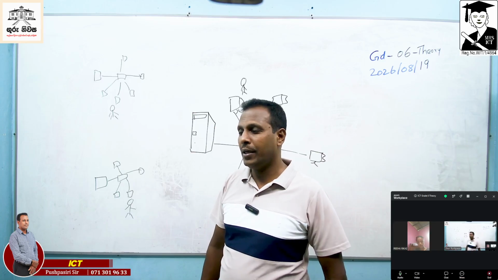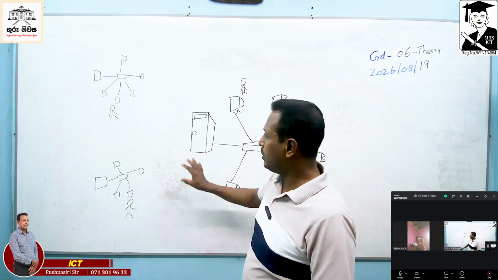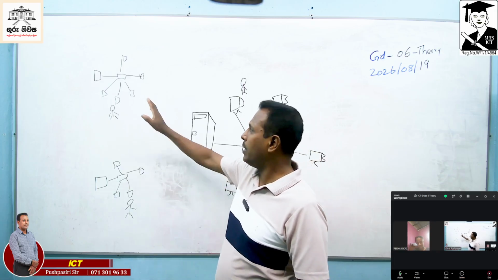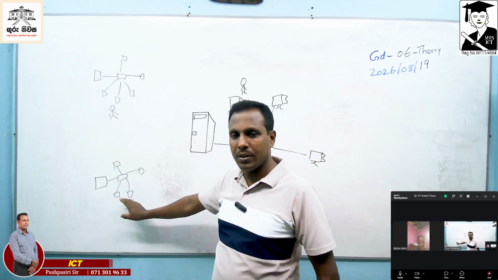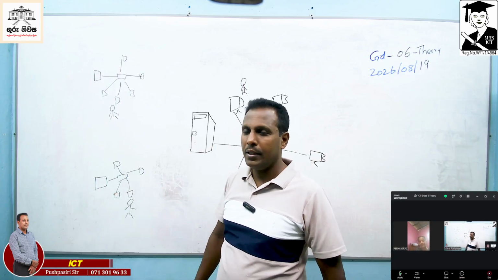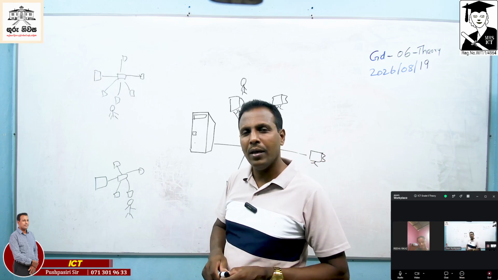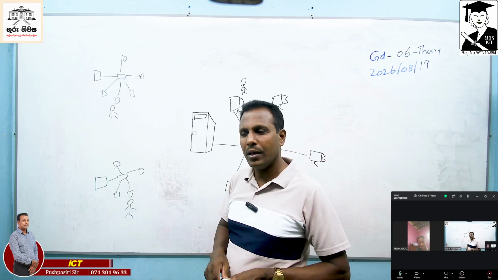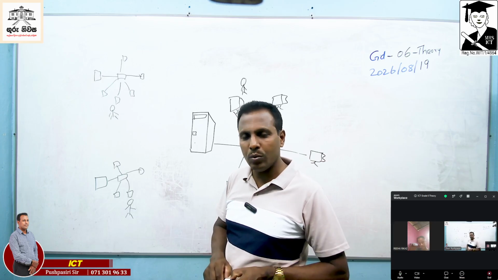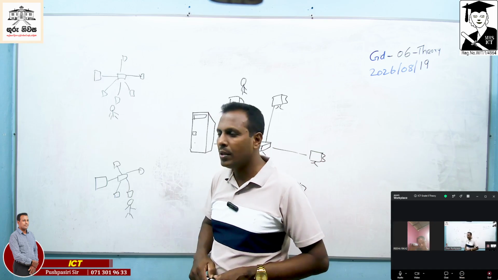Riha, this is my network. Riha's network is here. Rhythmi's network is here. Then can you send? Can you send to each other or not? You cannot.